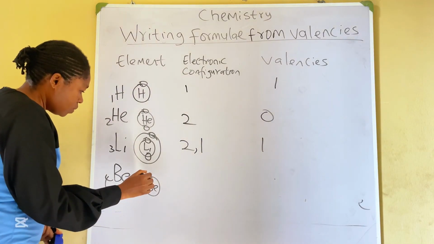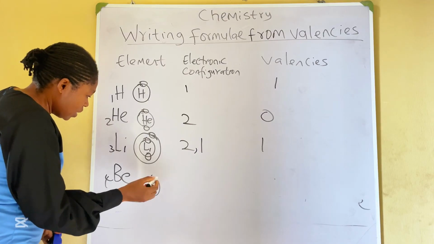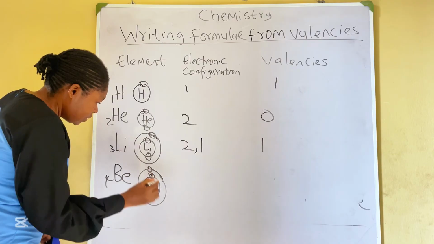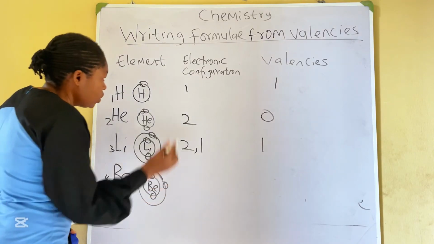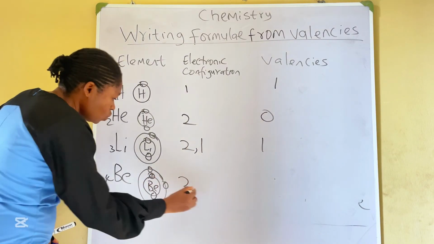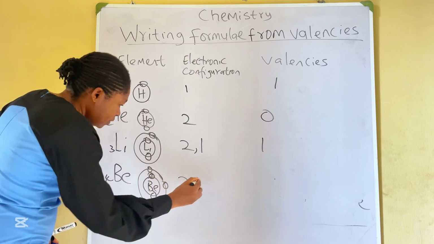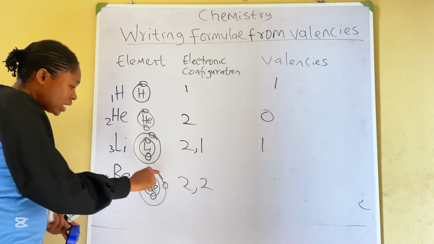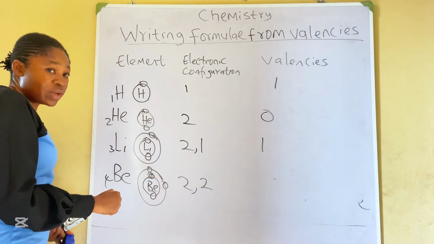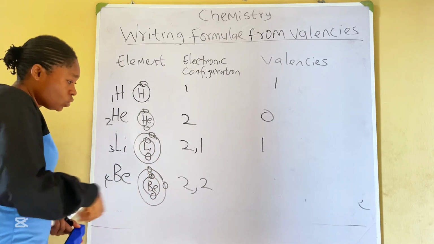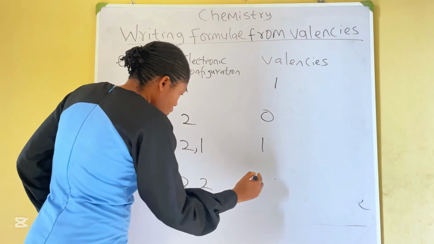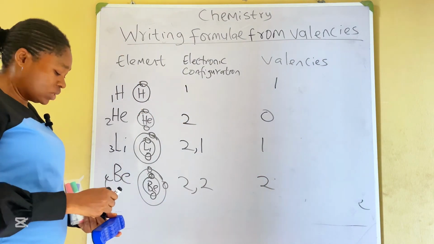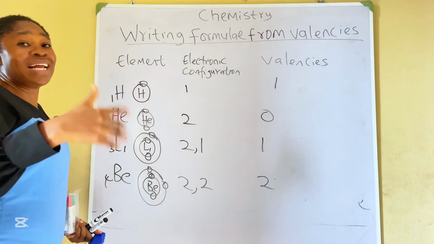Beryllium is number 4. Number of protons and electrons is 4: 1, 2, 3, 4. So its electronic configuration will be 2, and inside the second shell is 2. So it can easily lose these electrons for chemical bonding. So 2 is the valency of beryllium. Remember, for those that lose electrons, the oxidation number and charge will be plus.